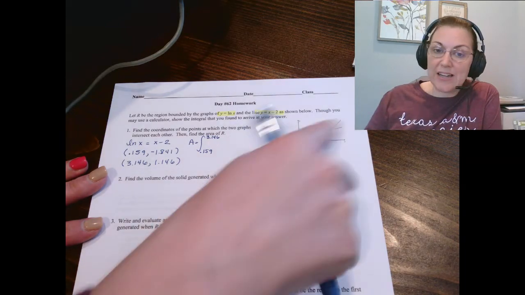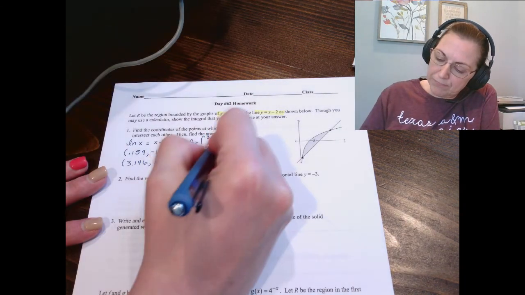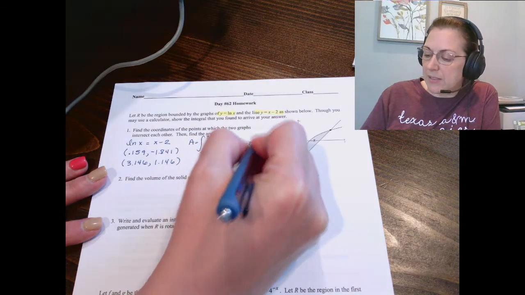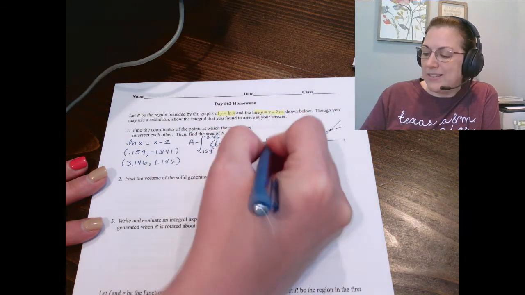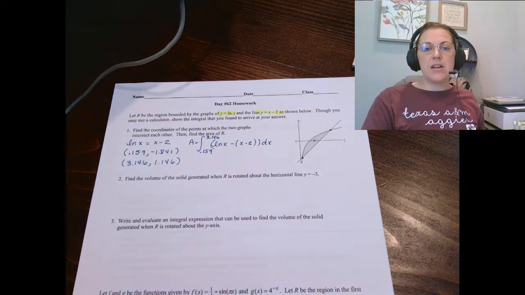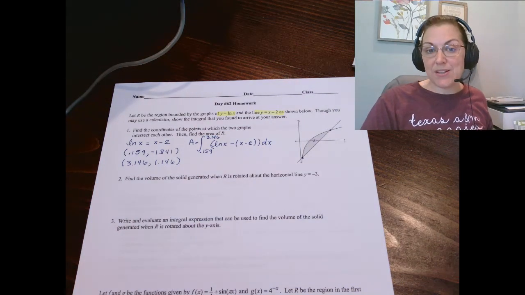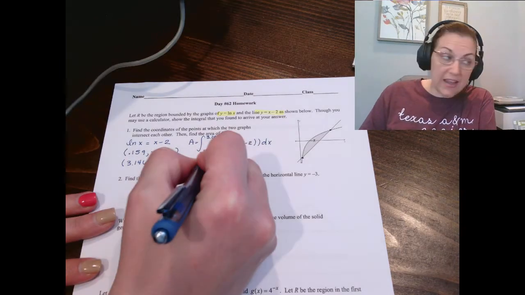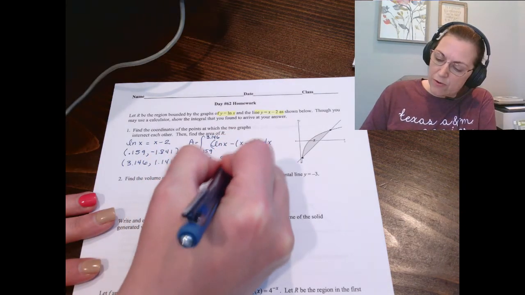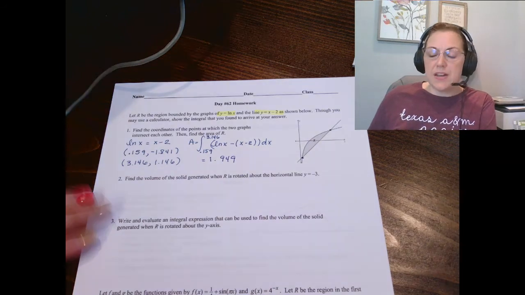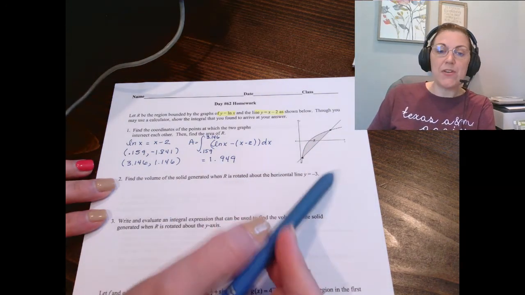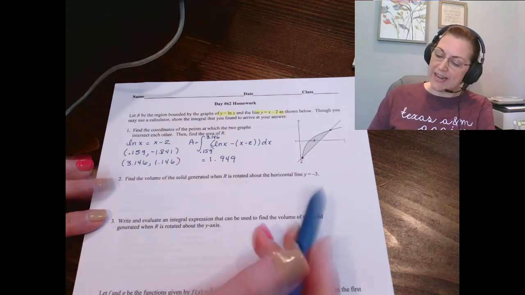So the top curve here is the ln of x, and then minus, be sure and use parentheses around the x minus 2, dx. Now again, we can put this in the graphing calculator to get the answer. And we get 1.949.